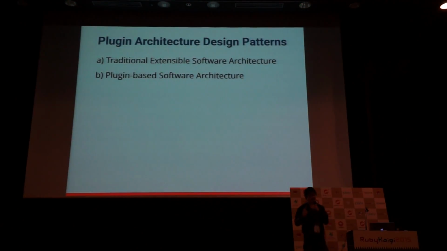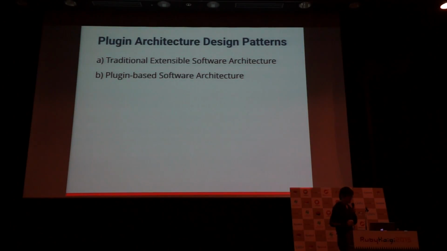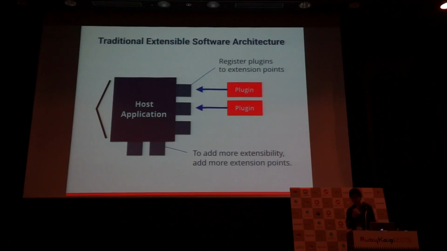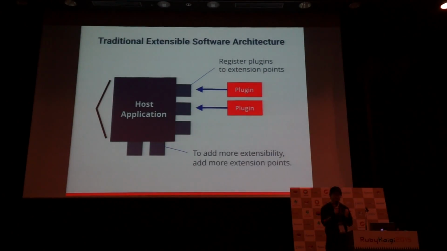I think that there are 2 major design patterns for plugin-based software. One is the traditional extensible software architecture, and the other is purely plugin-based software architecture. Traditional extensible software is designed like this.